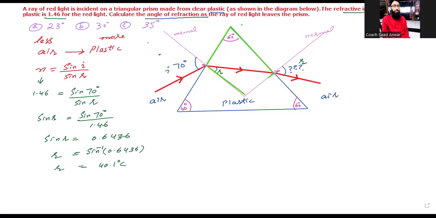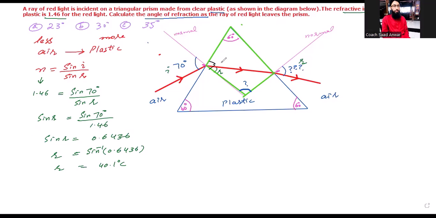Focus on this part, guys. So this is a quadrilateral. For a quadrilateral, the sum of angles is 360 degrees. We have to find this angle first. Let's see how we can find this angle.